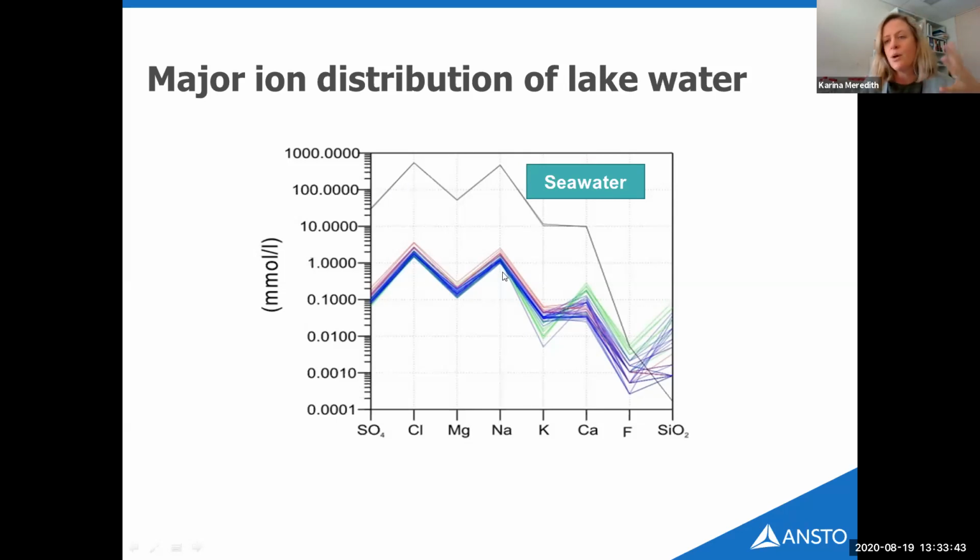So we know that most of these ions are being contributed from a sea spray or a marine contribution. However, when we look at some of these other elements, such as silica and calcium, we see that there's actually another distribution.